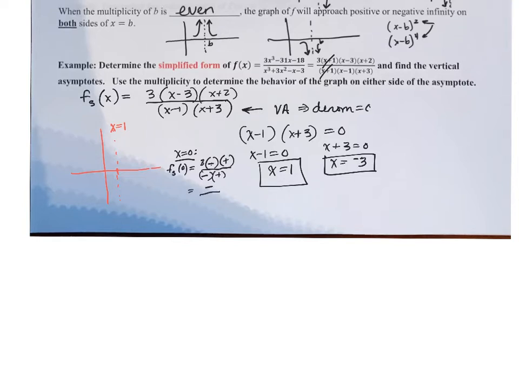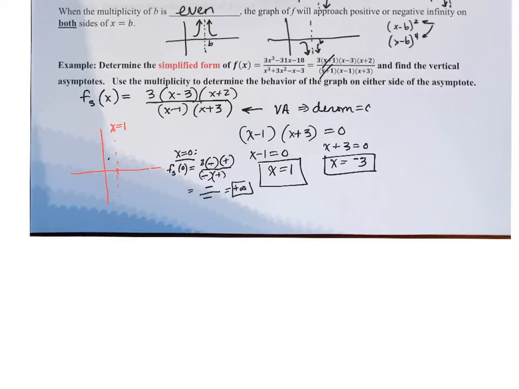The denominator, a negative number times a positive number, is negative. A negative divided by a negative is a positive. So on the left side of x equals 1, it's going to go to positive infinity.